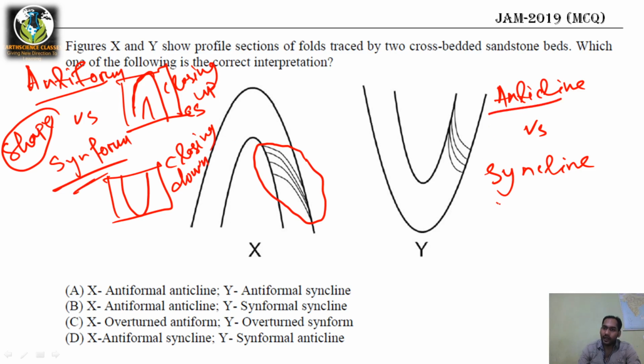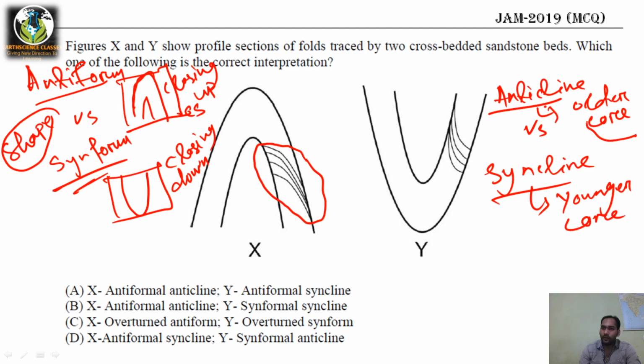What is the difference between anticline and syncline? Anticline means older at the core, syncline means younger at the core, right? When older is at the core, it is anticline. When younger is at the core, it is syncline. But regarding shape, it is antiform and synform.